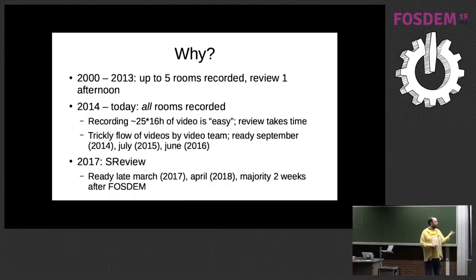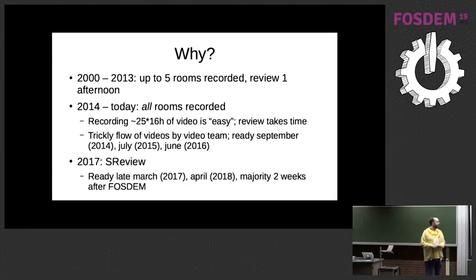We did a bit better in 2015 and 2016, but that was still, in both cases, by the time we were finished releasing all videos, in most cases we had already started to organize the next FOSDEM. And obviously this was not sustainable in the long term.